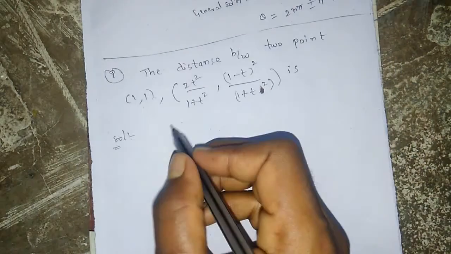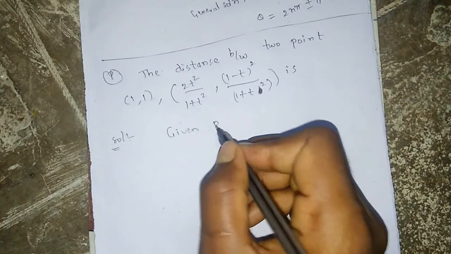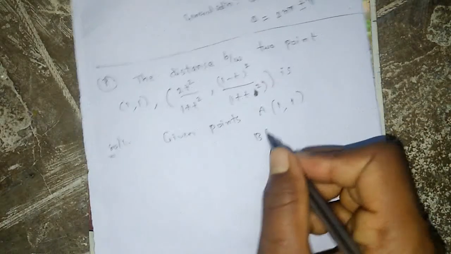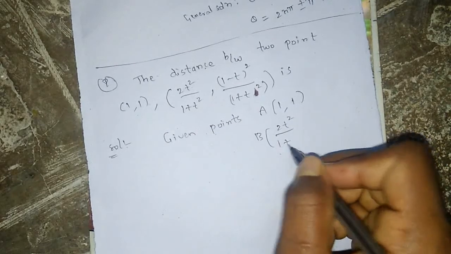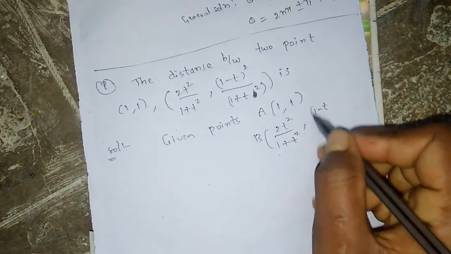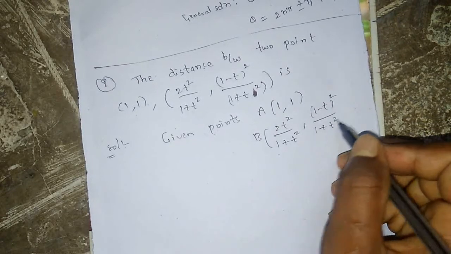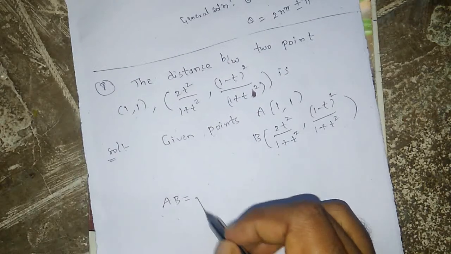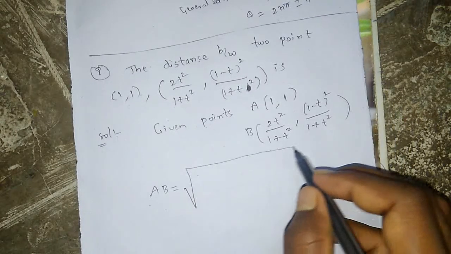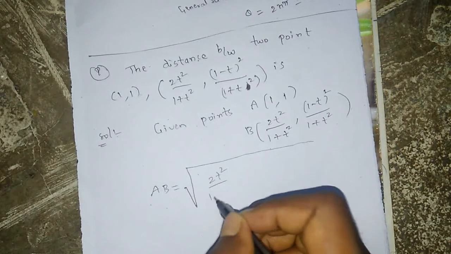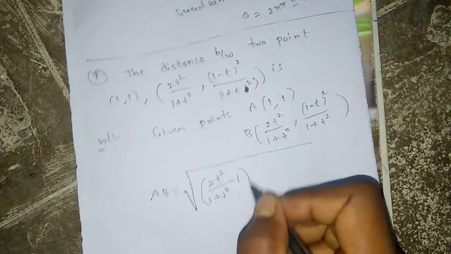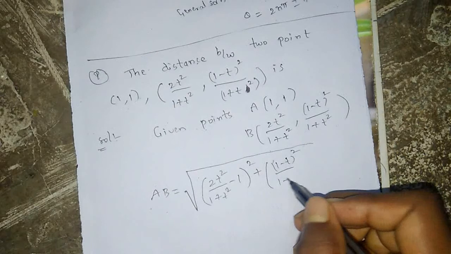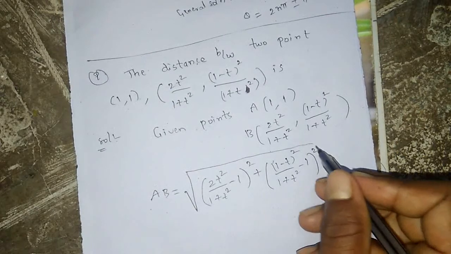Here, given points, let A be (1, 1) and B be (2t²/(1+t²), (1−t²)/(1+t²)). Now distance AB is equal to the square root of (2t²/(1+t²) − 1)² + ((1−t²)/(1+t²) − 1)².